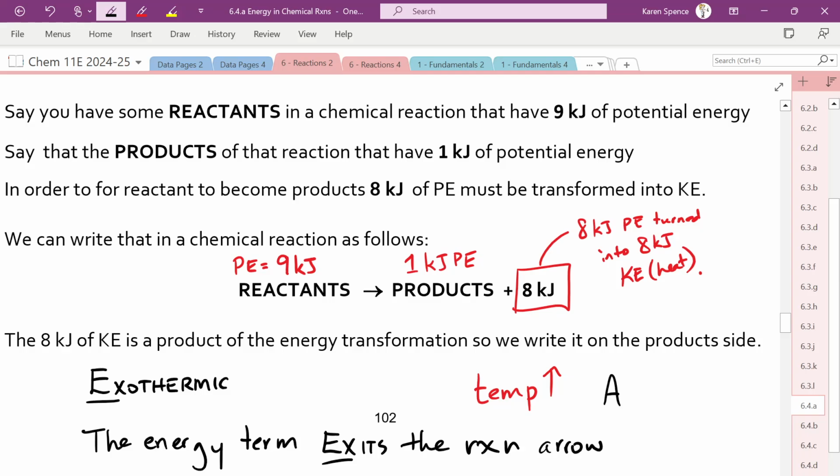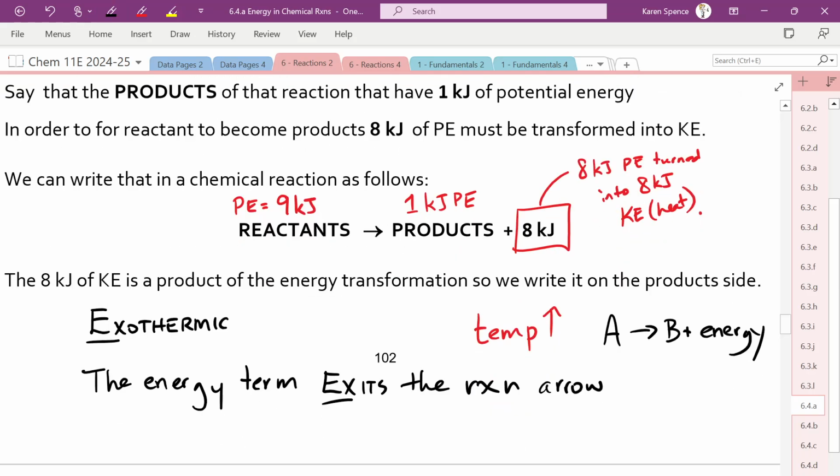Okay, so we would have A goes to B plus energy. Which way is the potential energy graph going to go? Is it going to go up or down? The potential energy graph is going to go down.